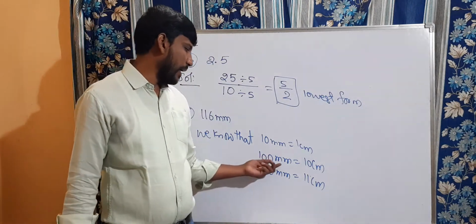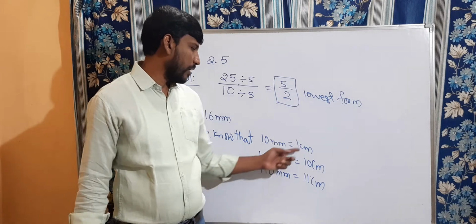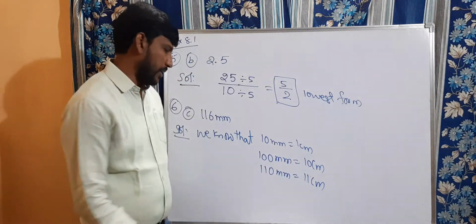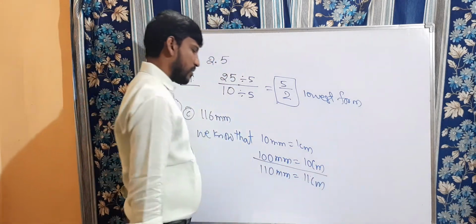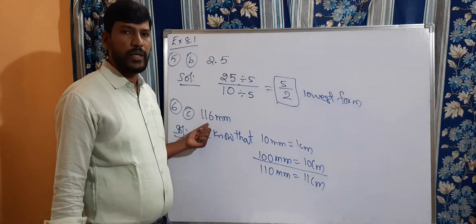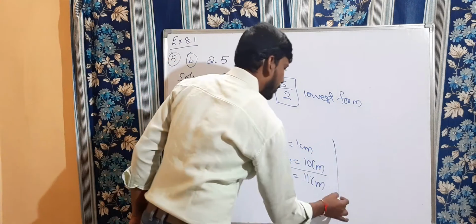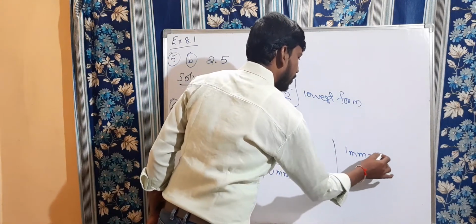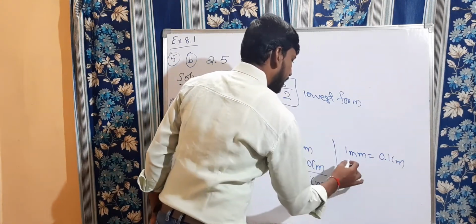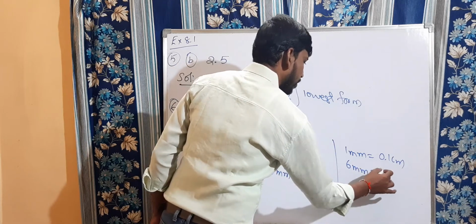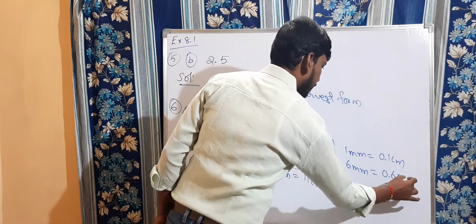See here, we are going to add again. By adding these two, you will get 110 millimeters, and by adding these two, you will get 11 centimeters. But here it is 116 millimeters, so what is this 6 millimeters? We know that 1 millimeter equals 0.1 centimeter, then 6 millimeters equals 0.6 centimeters.